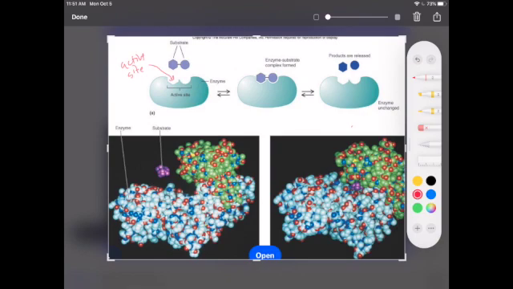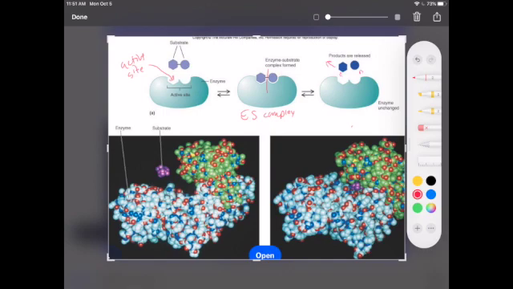Anywho, this is the enzyme substrate complex. What the binding of a substrate to the active site does is that it is able to hold substrates in a position so that they can react with each other. Or in this case, it looks like this one's being broken apart and that the products are released.